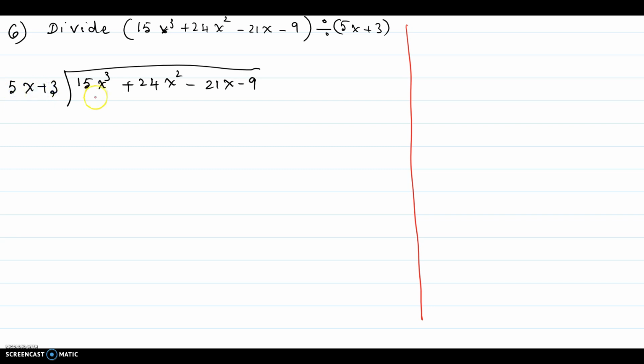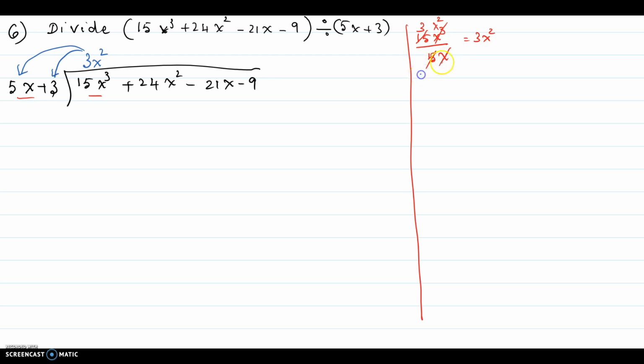The first step is to take this 15x cubed and divide by 5x, or to check how many times 5x goes into 15x cubed. So 15x cubed divided by 5x is going to give us 3x squared. So 3x squared goes on top. Once you write the 3x squared on top, then you multiply 3x squared with each one of the terms in the divisor.